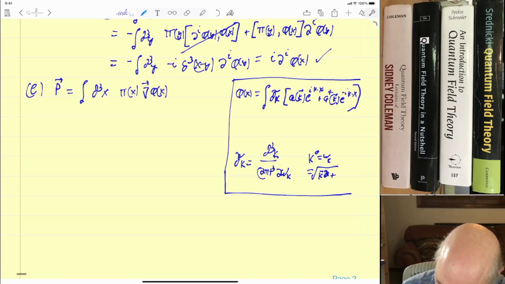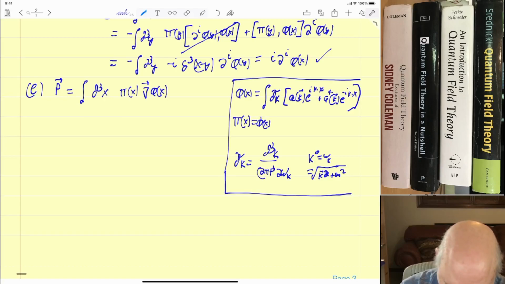Sorry. So we're always using this notation. So that's phi. You can see when you take a gradient of phi, you're just going to get an i times the vector k from this term coming down, and a minus i times the vector k from this term coming down. And pi of x is equal to phi dot x.